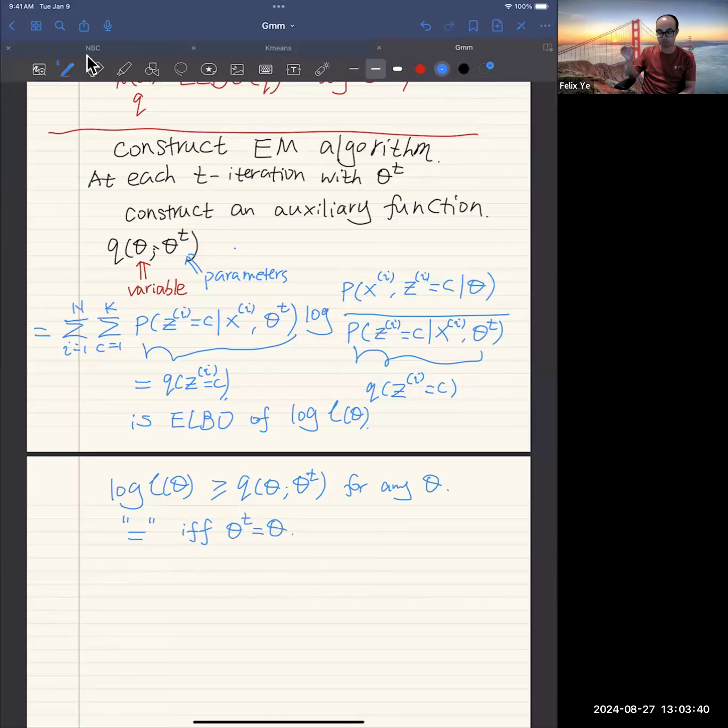So the only time that these two are the same is when theta equals theta t. Basically the KL divergence just becomes 0 in this part. So with these properties, we can propose the algorithm accordingly.